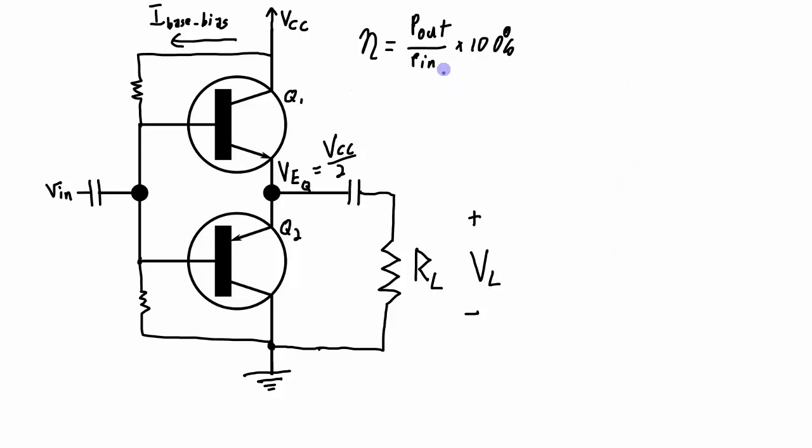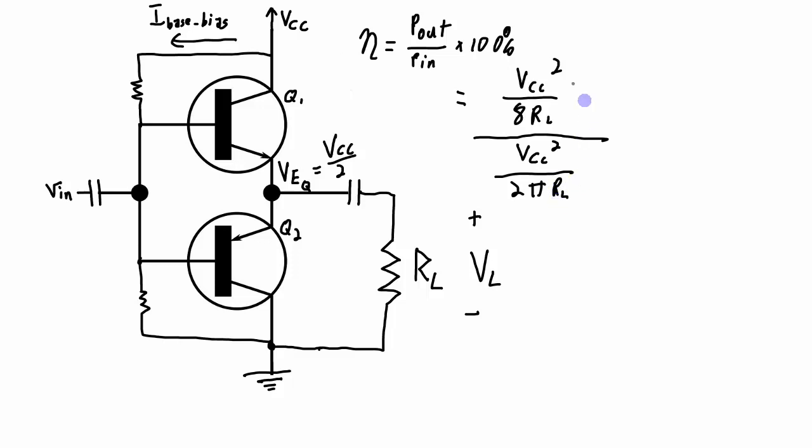Now putting these two equations that I've just calculated back into this equation here, I get my equation for P out, which is VCC squared over 8RL, and the equation for P in was VCC squared over 2 pi RL.